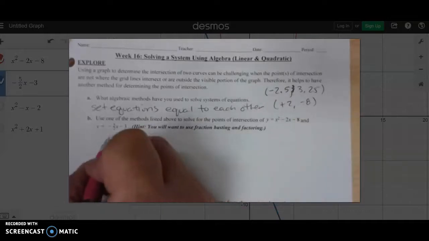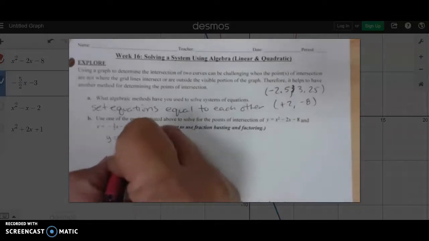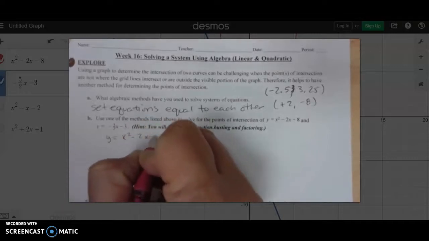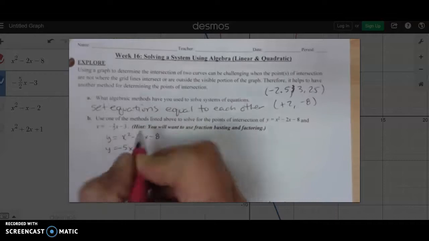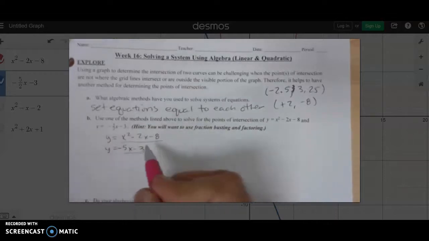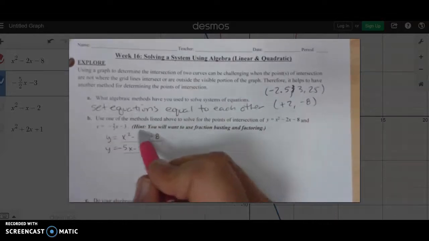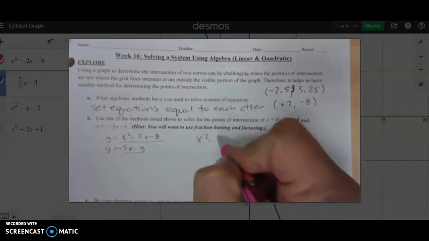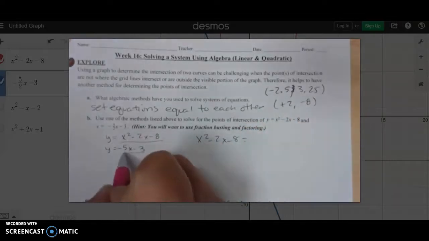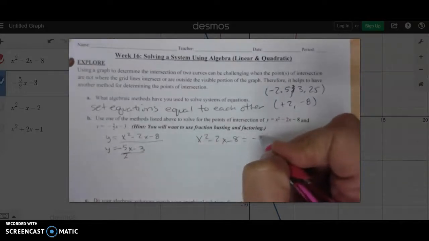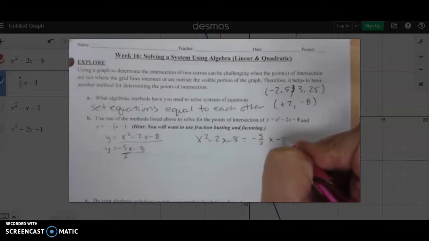So this one, we're going to have y equals x squared minus 2x minus 8, and y equals negative 5 halves x minus 3. We see how they both equal y. So y can be represented by x squared minus 2x minus 8, and y can also be represented by negative 5 halves x minus 3.